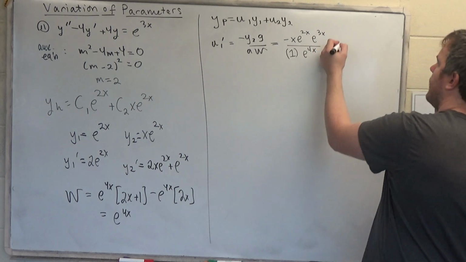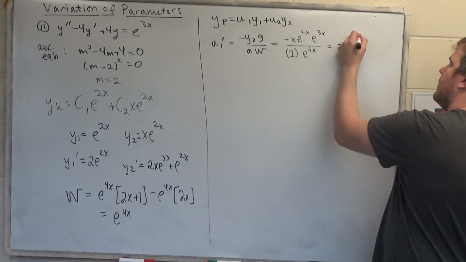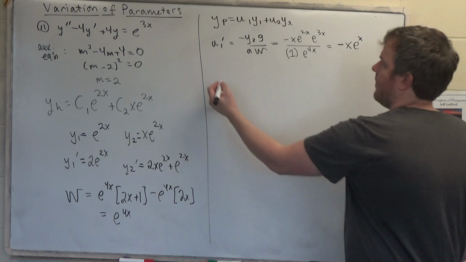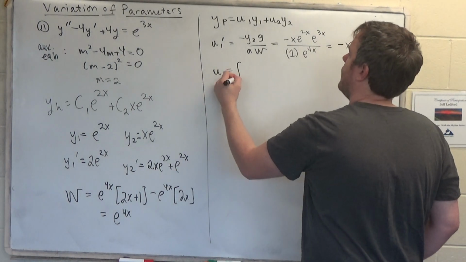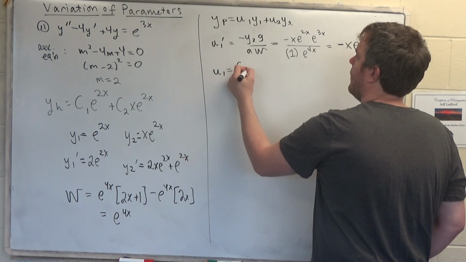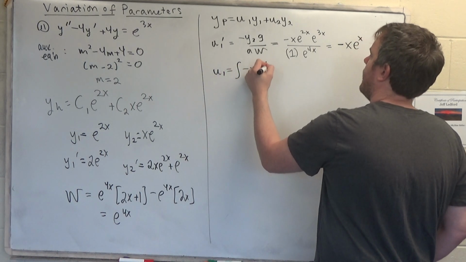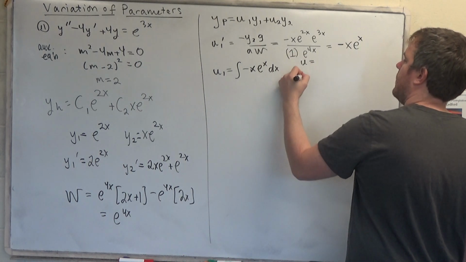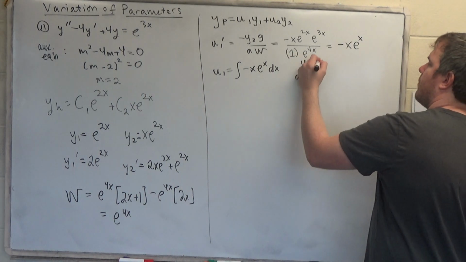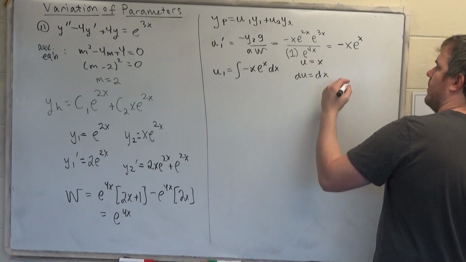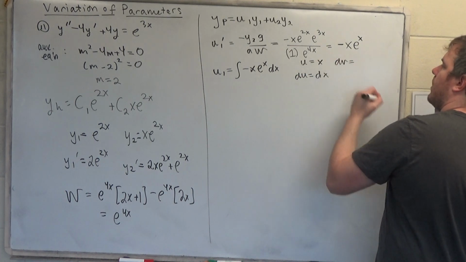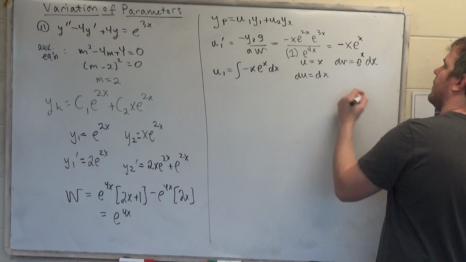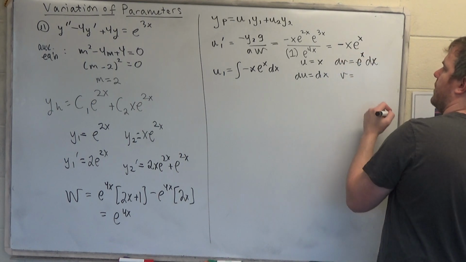And I can simplify this to just negative x e to the x. That tells me that u1 is the integral of negative x e to the x dx. This is an integration by parts, where I choose dv to be the most complicated function that I know how to integrate. In this case, it'll be e to the x.